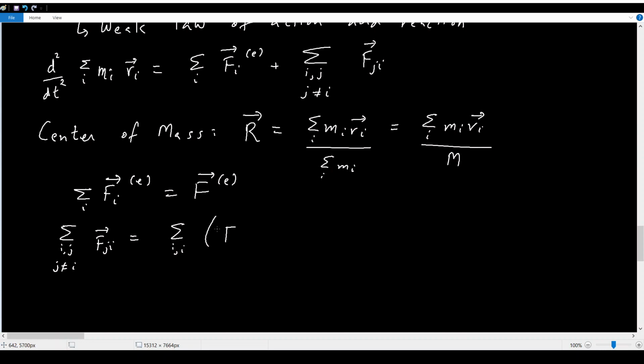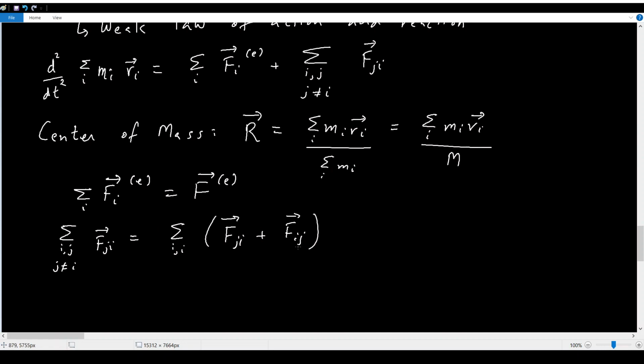So there's a force on j due to i, and there's a force on i due to j, right? So these are force pairs. So for every force due to j on i, there's also a force on i due to j, right? So for each Fji, there's also a force of i onto j, and this is present in the sum.